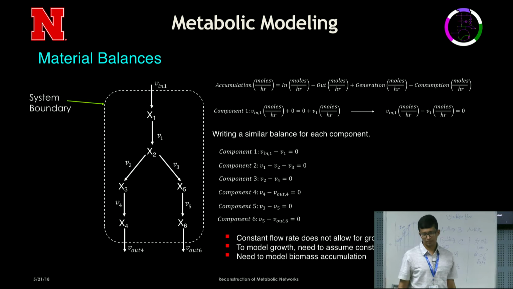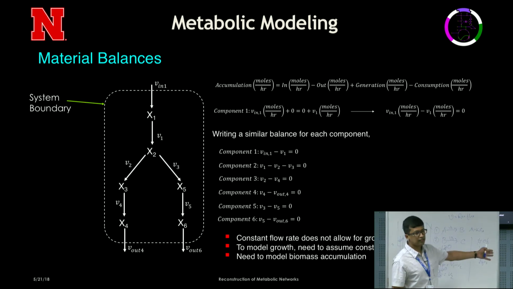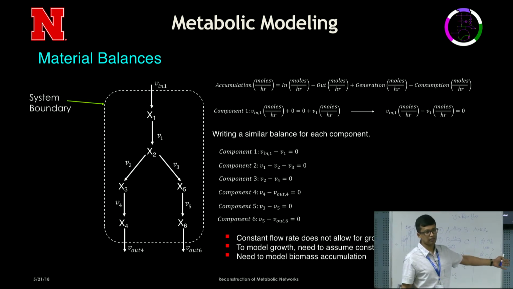So, let us do it as a class. Draw this metabolic network on the piece of paper that you have and try to write the balance equation. I will let you first draw the metabolic map and then let us do it. It is very simple, but if you do not get it right, then I cannot move on and discuss.